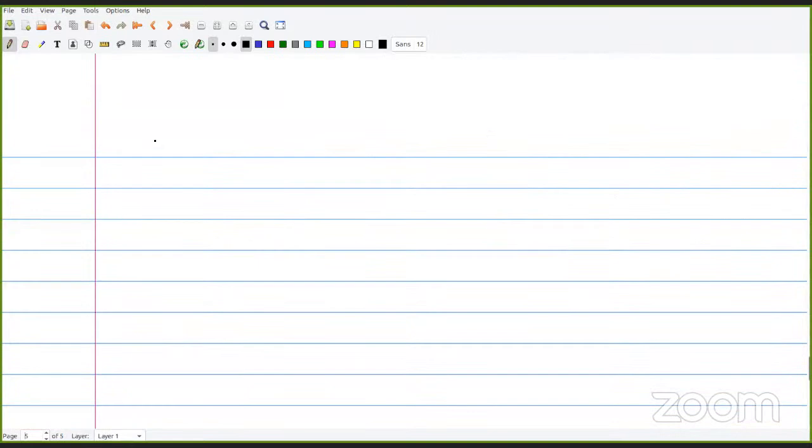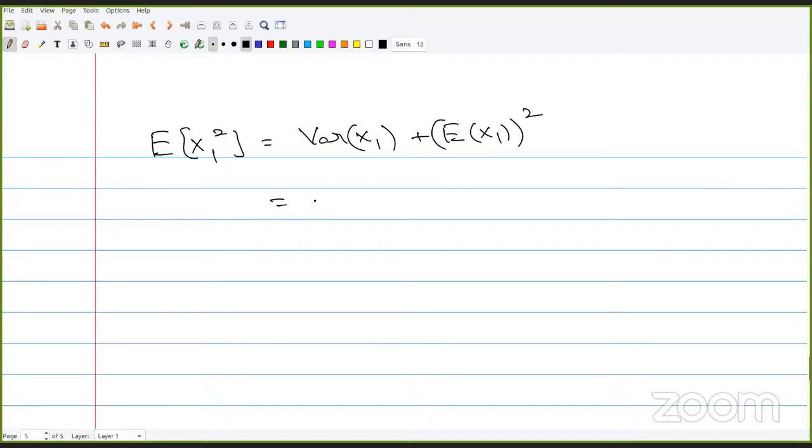Now see, what is the expectation of x1 square? Again we can use the variance: the variance of x1 plus the expectation of x1, whole square. What is the variance of x1 here?